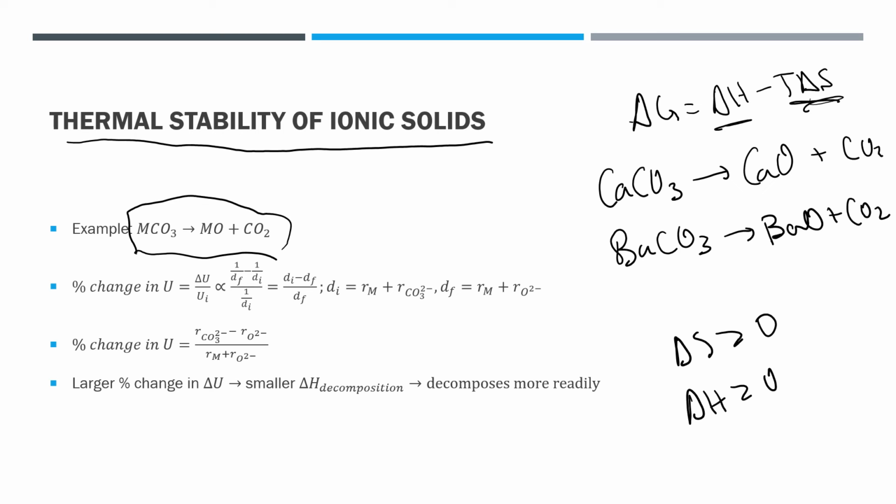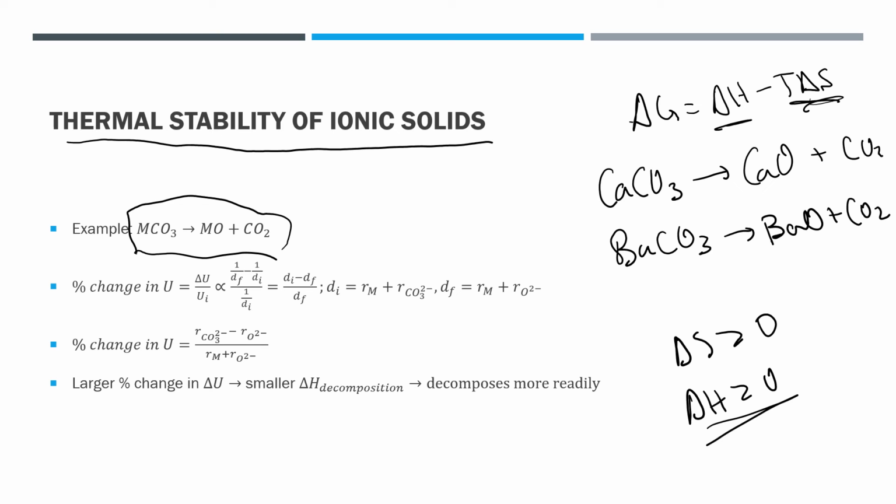And we can think of delta H as similar to delta U. Delta H tells us how much energy is taken to break these bonds. Delta U tells us the net energy difference between the two states, the product and the reactant. So we can look at our change in potential energy and reason that it will be the same as the change in enthalpy.